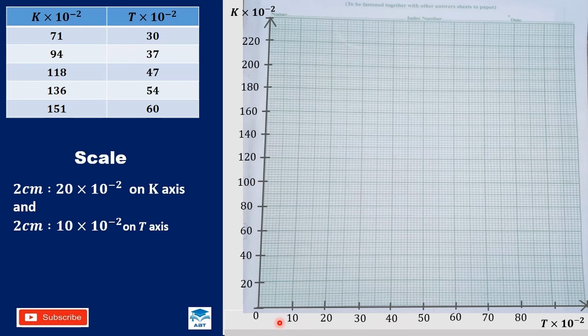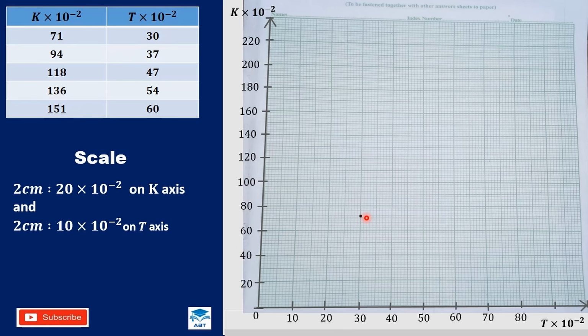This should guide us to plot the values. So for 71, between 60 and 80, we have 70 at the middle, and 71 will be in the next box. And for T, we have 30, so we put the point here.